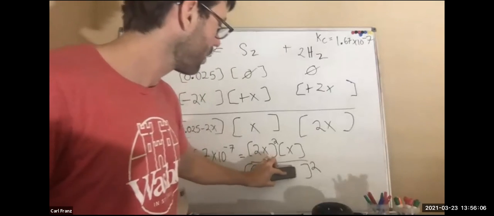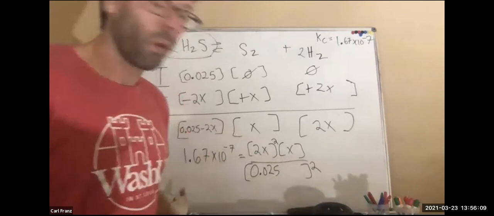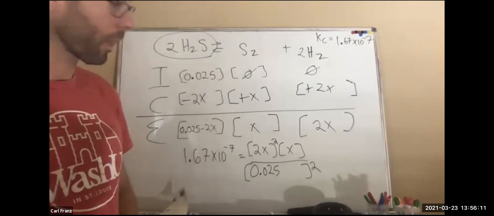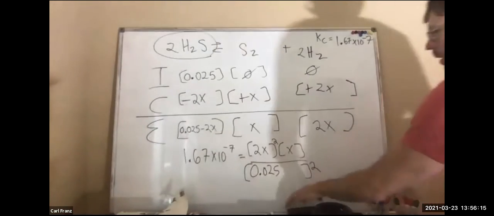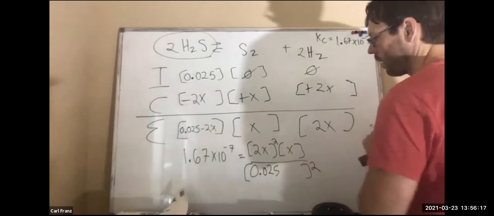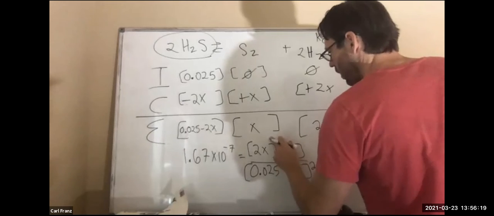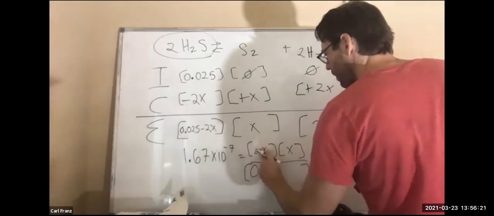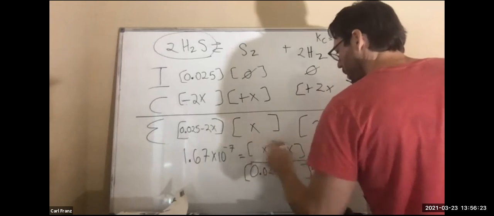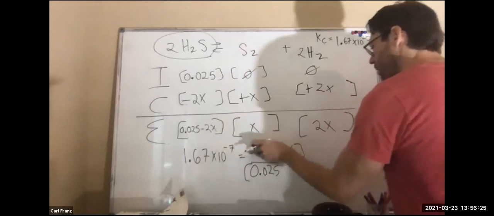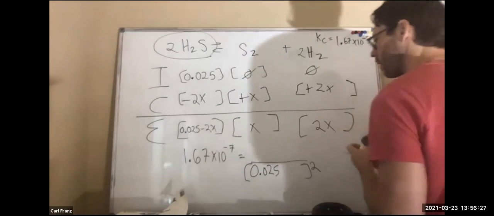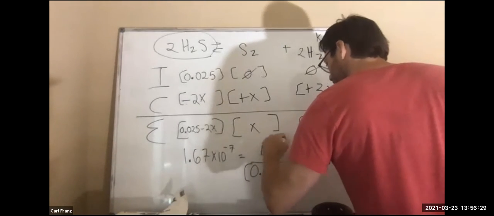So now it's just 0.025 squared. And if we combine all that, we end up with 4x. Let's just combine all of this. What is that? 4x cubed?